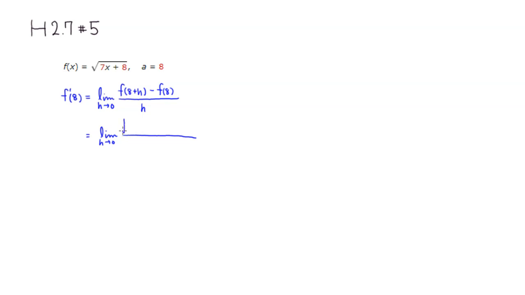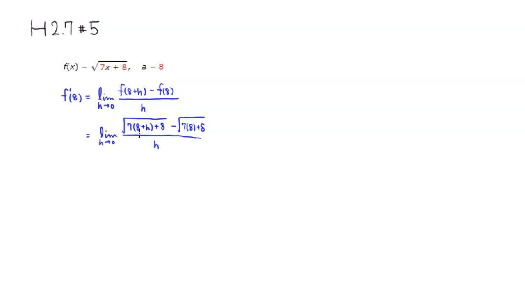So we have the square root of 7 times 8 plus h, plus 8, minus f of 8, which is the square root of 7 times 8 plus 8, and all over h.